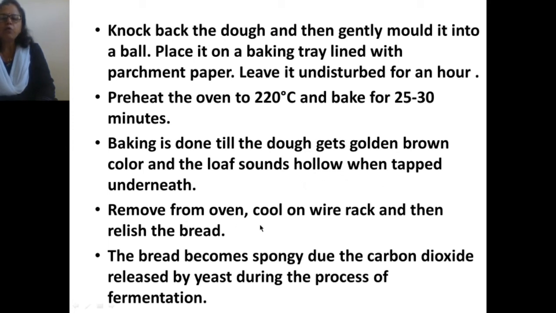Now remove from the oven, put on a wire rack and then release the bread. The bread becomes spongy due to the carbon dioxide released by yeast during the process of fermentation. Means making bread is a process of fermentation and carbon dioxide is released in this process because of the yeast. So this is how bread is made at home.